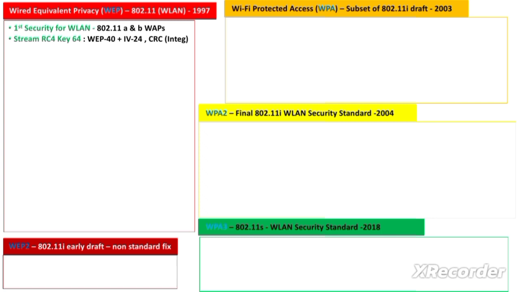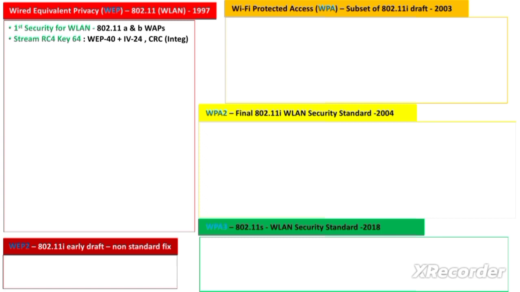So by combining the 24-bit initialization vector and the 40-bit WEP key, the RC4 key of 64-bit was made, which was used to encrypt the traffic between the client, that is at that time the PC, and the wireless access points.